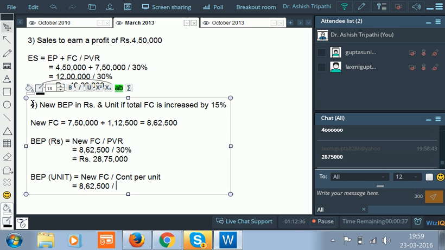New fixed cost is 8,62,500 divided by contribution per unit is 12. That is equal to, so let us calculate 8,62,500 divided by 12. 71,000.